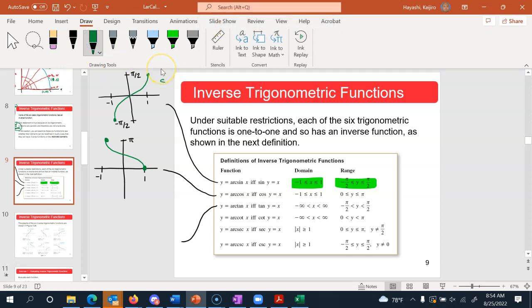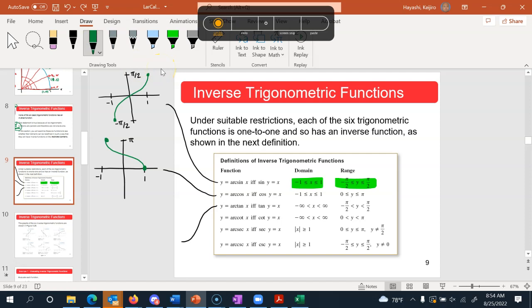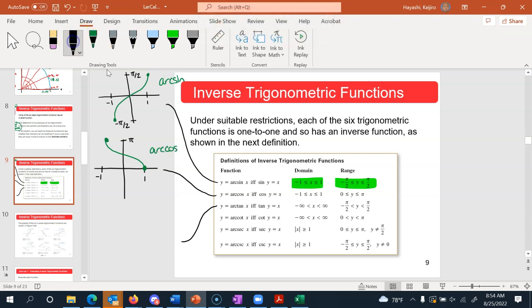Okay, so this is, say, arc sine. Okay, this is arc cosine. And this is going to be arc tangent.